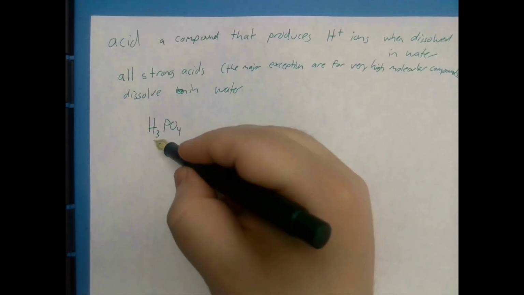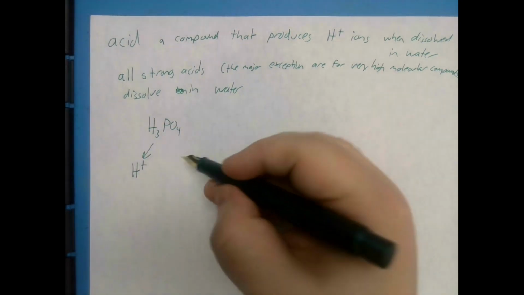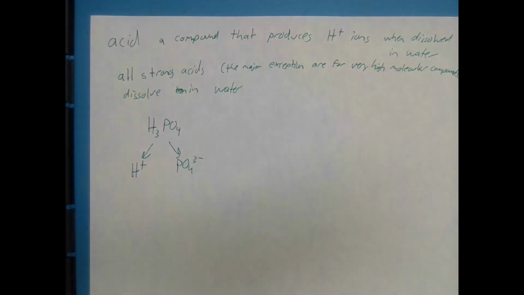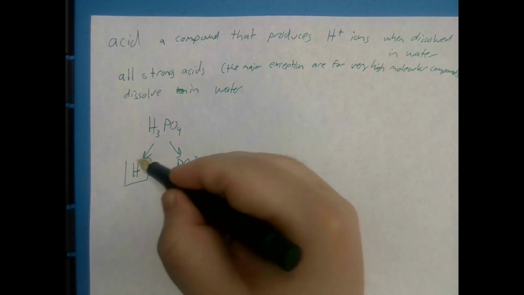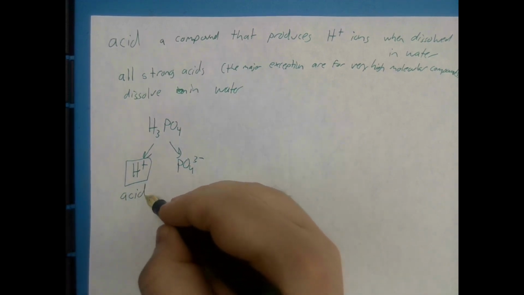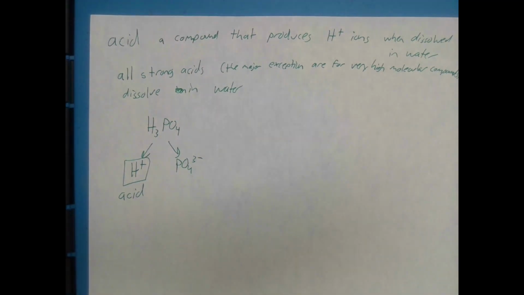This has two ions. It has an H plus ion, and it has a PO4 3 negative ion. Thus, it has an H plus ion, which should scream acid to you. And acids dissolve in water. If you use the solubility rules, it will say this doesn't dissolve in water.